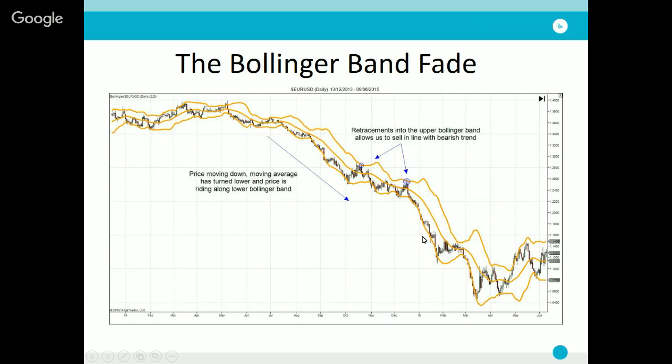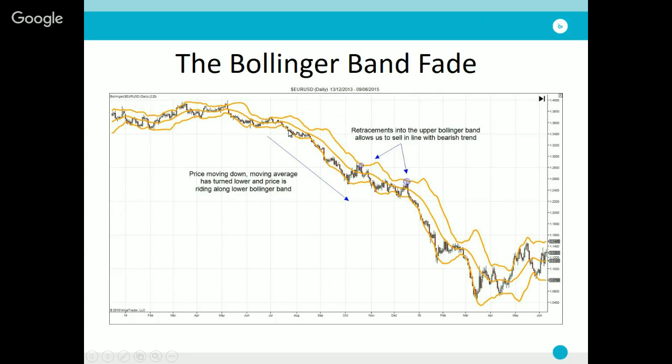So this is a really great method that you can look to use, and again it comes down to utilizing some of the other elements that we've looked at, such as structural analysis, support and resistance, and identifying trending markets, because again, if you look up here, the Bollinger Band fade is working really well in this sideways range-bound market where price is just oscillating higher and lower, rotating between those upper and lower bands.